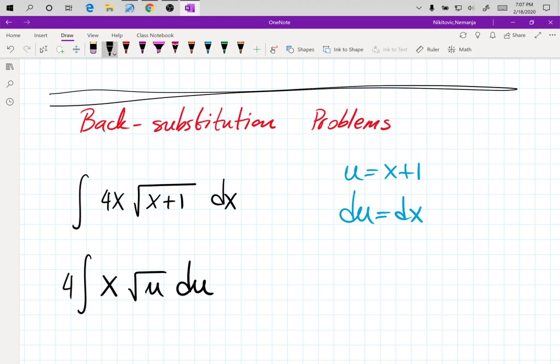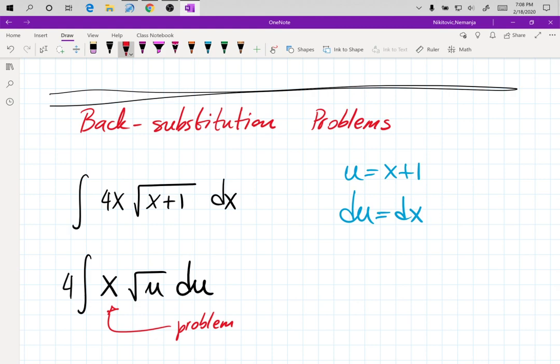And clearly that's a problem. Because once you are done with u-substitution, you are no longer supposed to have any x's in your problem anywhere. It has to be u everywhere. Well, we didn't make it, right?